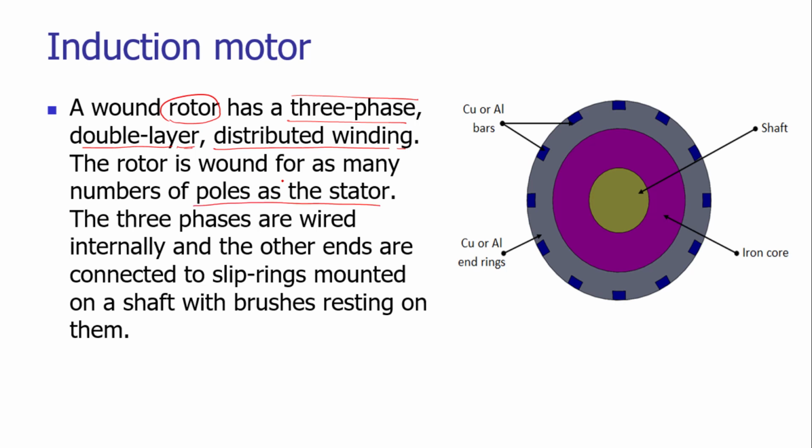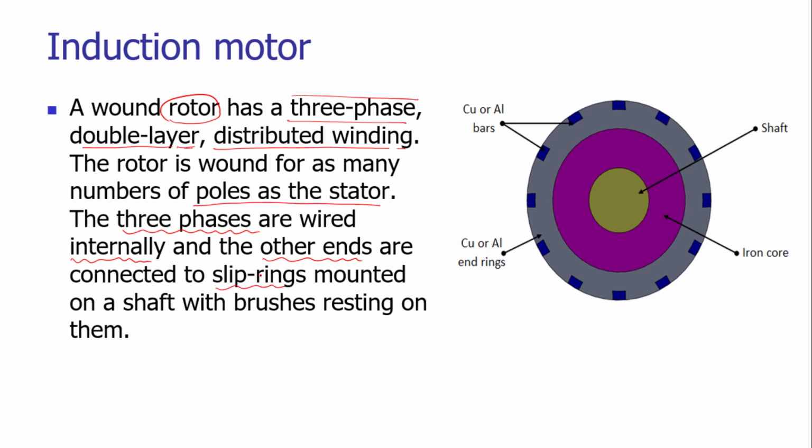The rotor is wound for as many poles as the stator, so the winding of the rotor depends upon the number of poles of the stator. The connections of the three phases are made internally, while the other ends are connected to slip rings.